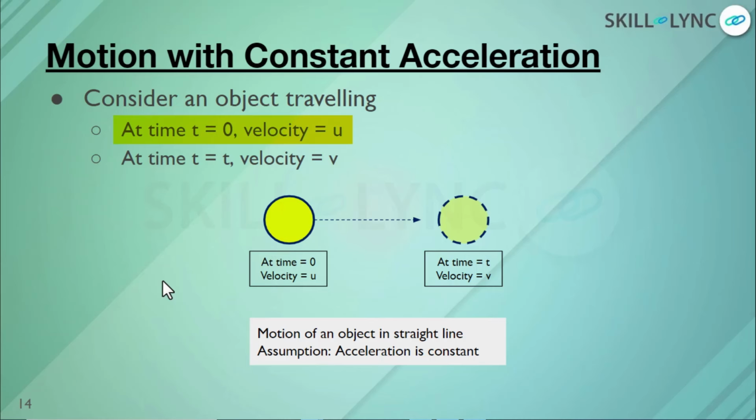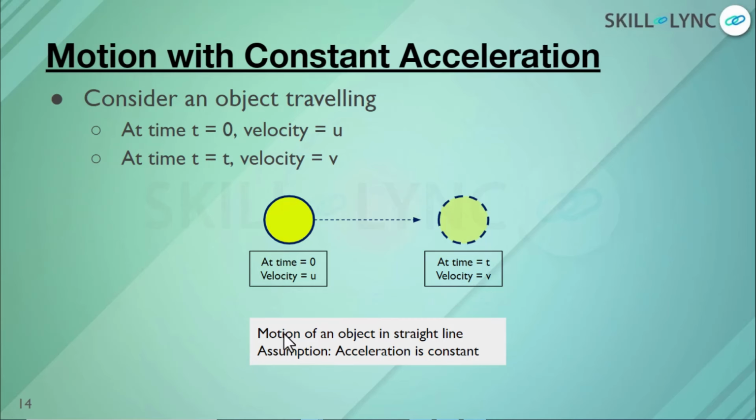As the ball moves in a straight line with constant acceleration, it would move to a different point with a velocity v. The time taken to reach the velocity v from u would be t. Thus, at time t equals 0, velocity was u. At time t equals t, velocity is v.